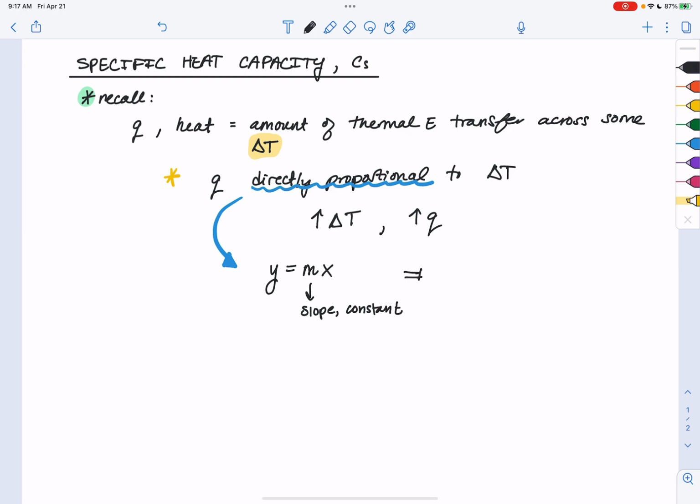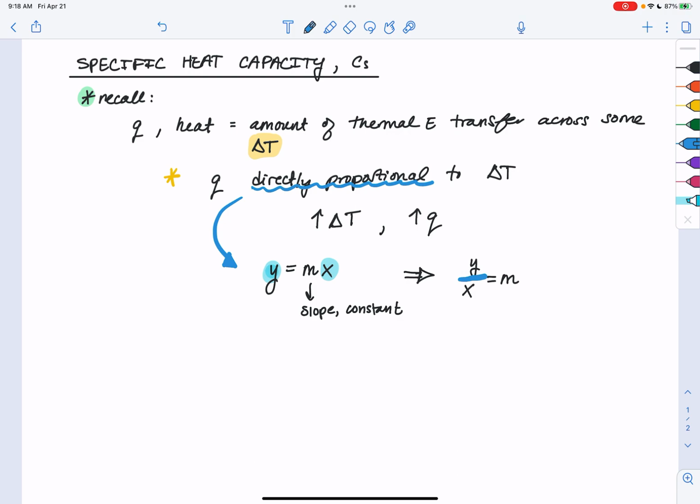If I rearrange this expression so that I have my constant on one side and my variables on the other, I would see that y over x is equal to m.